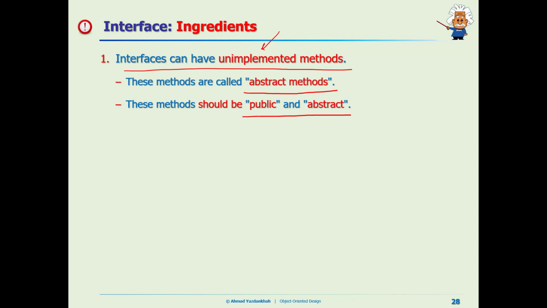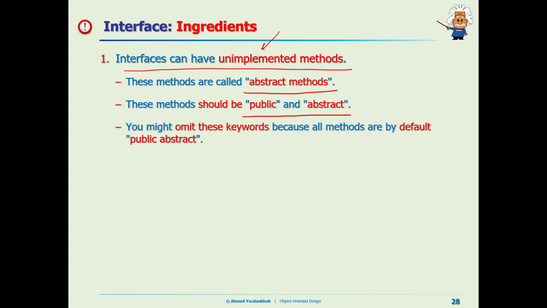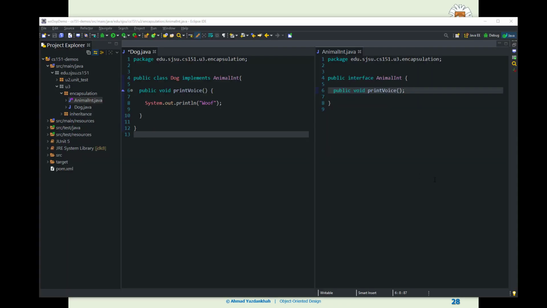Either you mention that the method is public abstract, or you can omit that because, by default, all of the unimplemented methods of an interface are public and abstract. In our previous example, look at this public void printVoice.